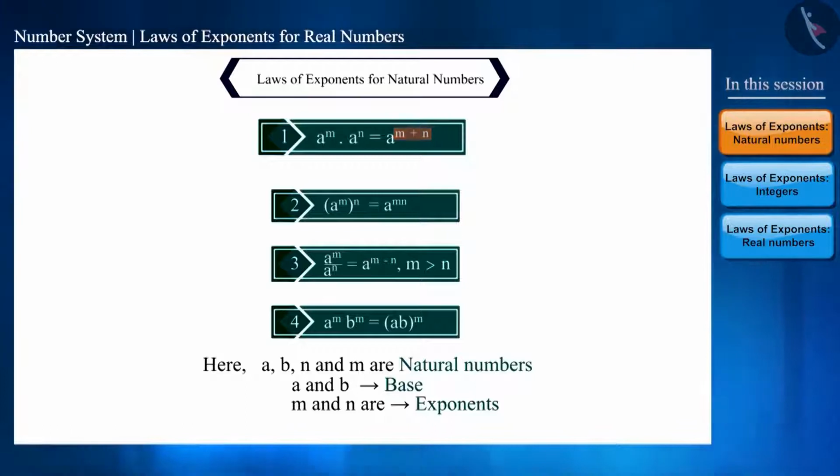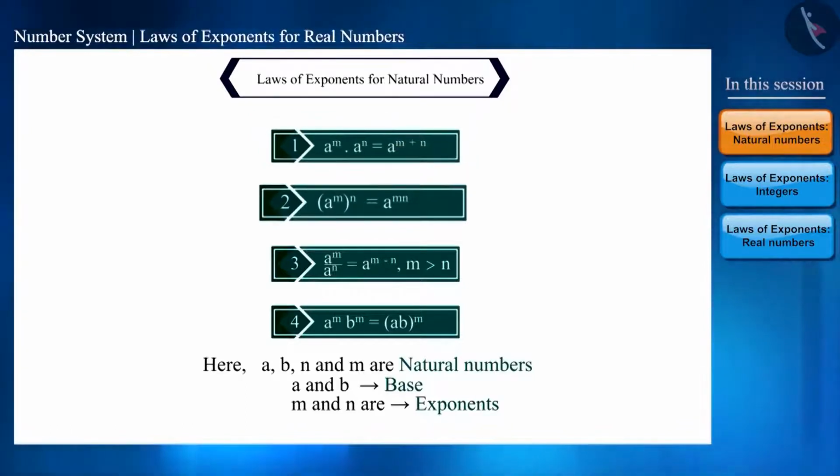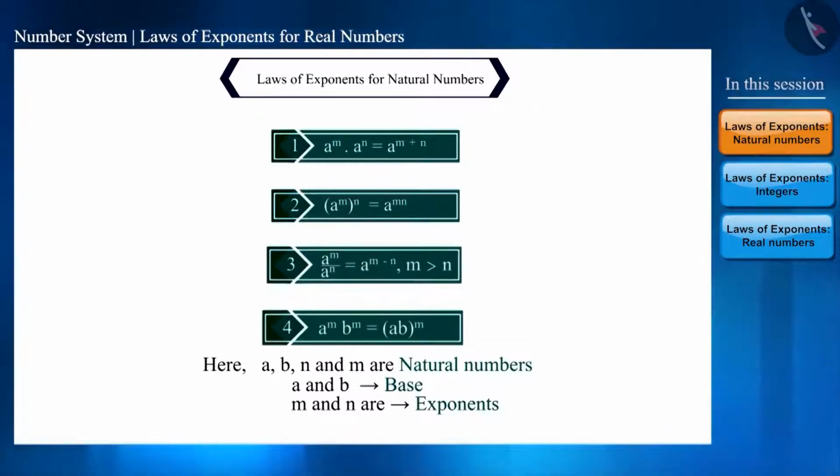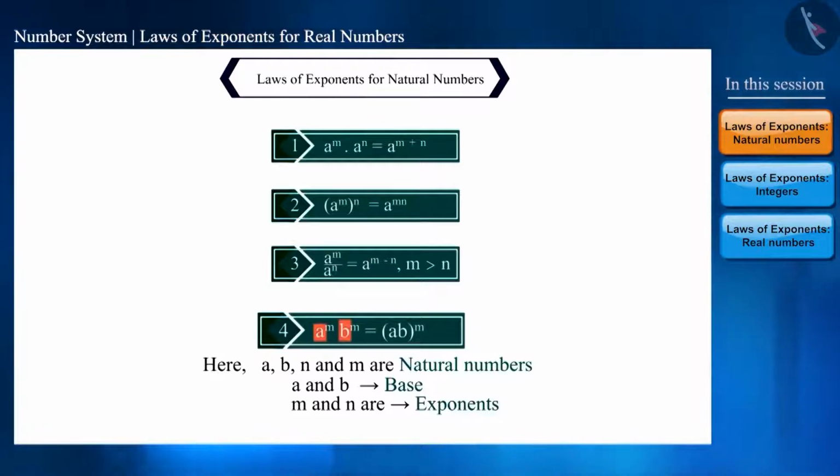As per the second rule, multiplying the power inside the bracket, that is m, by the power outside is written like this. And on dividing a raised to power m by a raised to power n, the result is a raised to power m minus n. As per the last rule, if the bases are different but the exponents are the same, then multiplying them gives the number written in this manner.